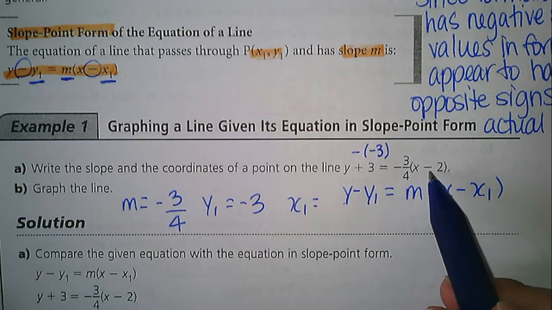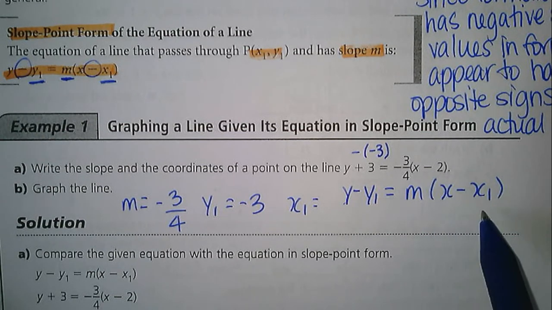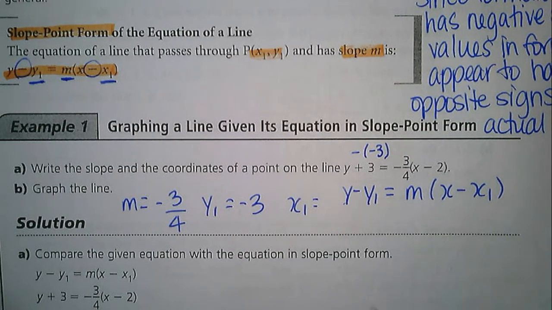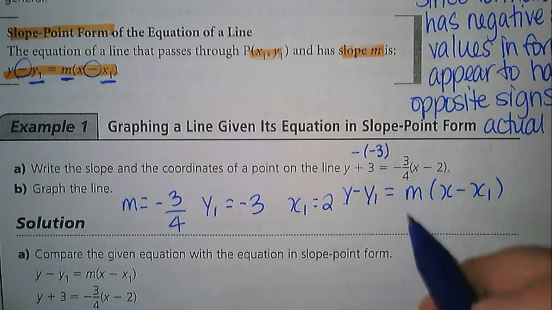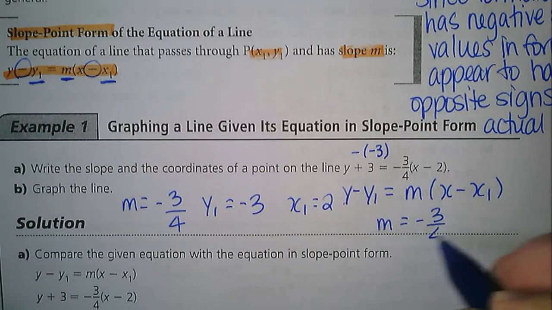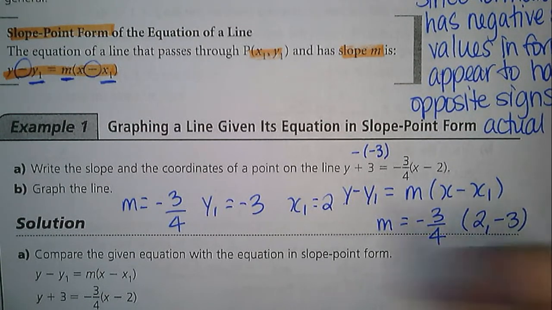Then if I take a look at my x value here, it says x minus 2. That is written in the same form as it is below, which means that 2 is actually a positive. So what I can deduce from that line is that my slope, again, is negative 3/4, and I have the ordered pair (2, -3) from my x and y values given here.